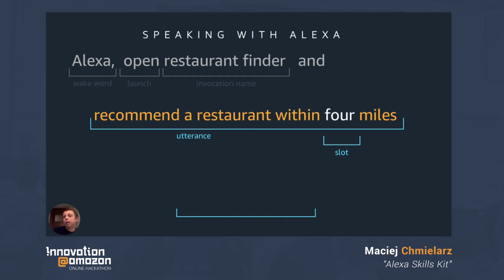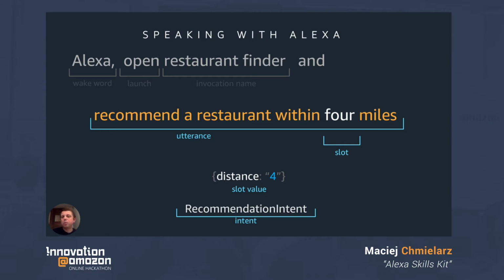Each utterance can also contain some attributes or arguments, like key values that are needed in order to process the utterance properly. Those are called slots, and when such a slot is available in the utterance, it is put into the intent as an attribute.